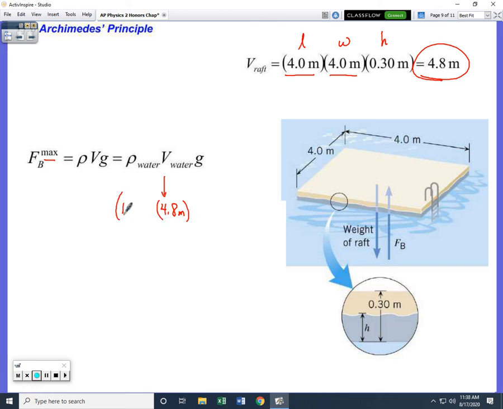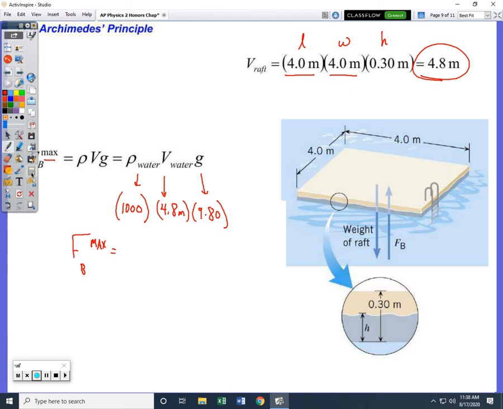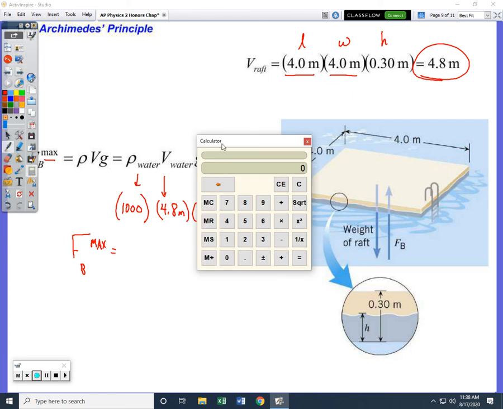Well, the density would be 1,000. And then our gravity here would be our 9.8 meters per second squared. So I multiply those three things together, and this would be my maximum buoyant force. So if the entire raft was underneath the water, the product of those three different things, pull out my handy dandy calculator.